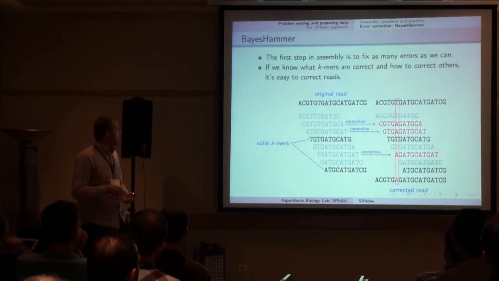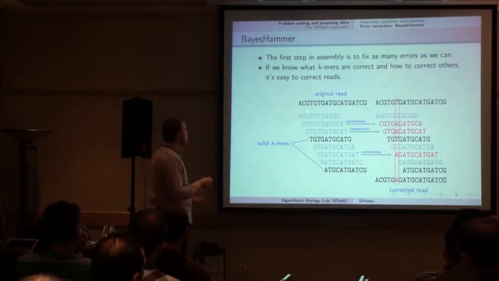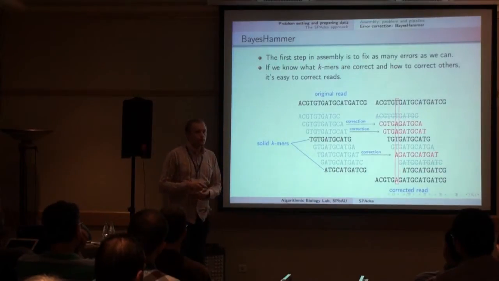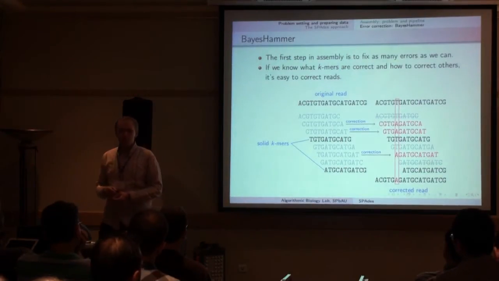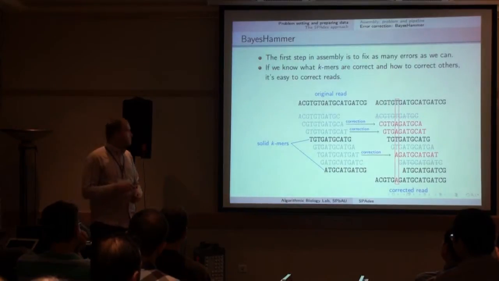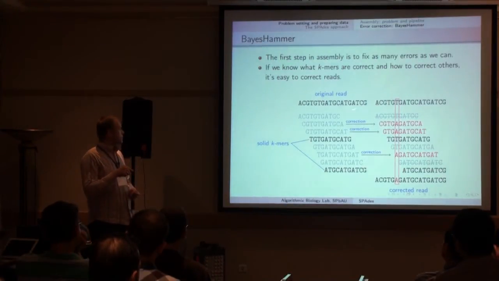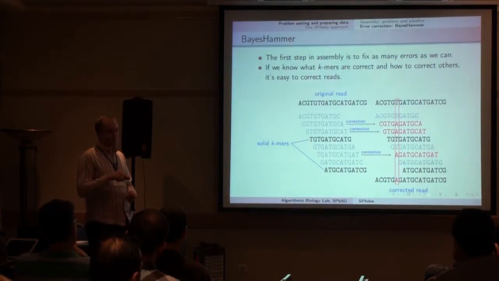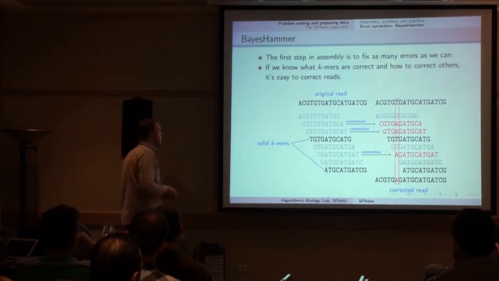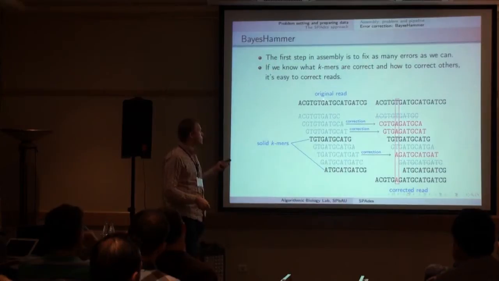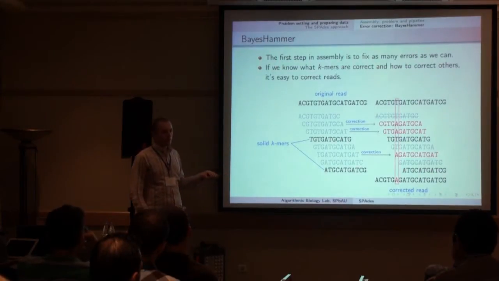So the first step is to try and correct the reads. And in SPAdes, error correction also works via k-mers. So again, if you have the original read, and you know how to correct each and every k-mer in the read, then of course it is easy to correct the read, right? So you can reduce the problem of correcting the reads to the problem of correcting the k-mers.